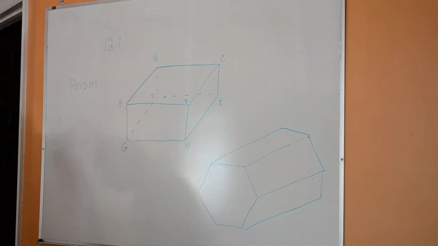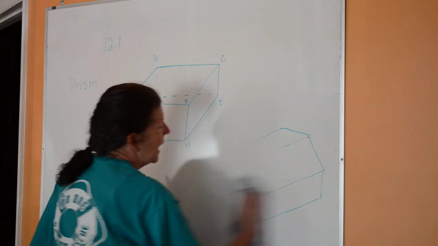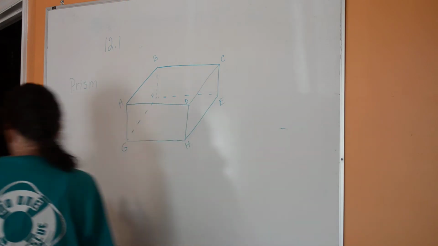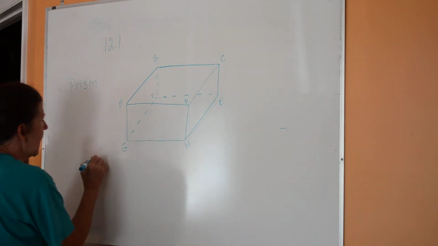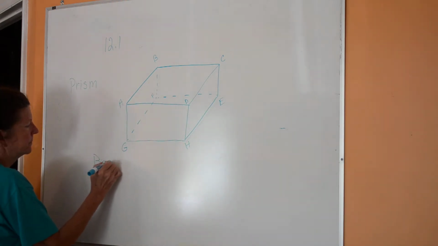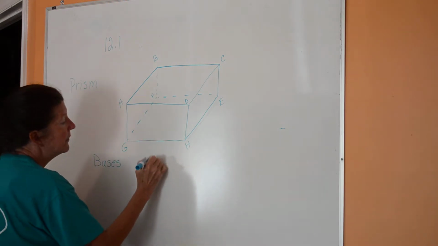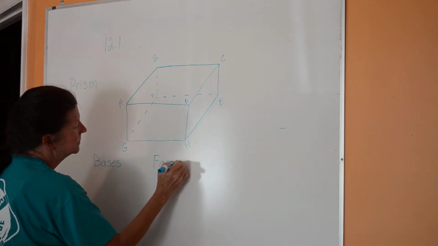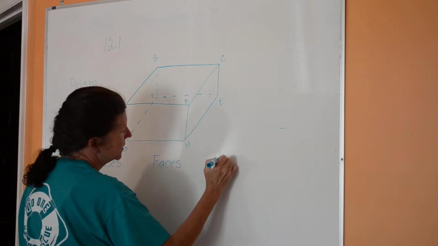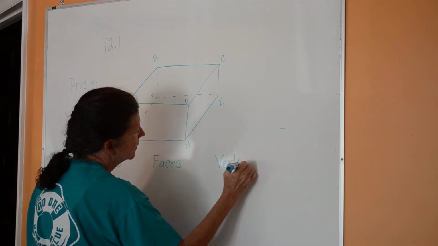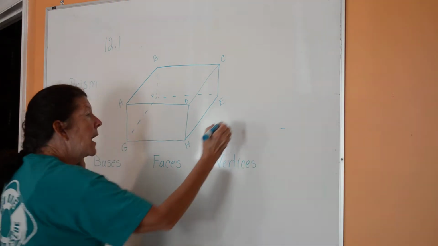So these shapes, especially the pyramids, have different parts to them. So you have bases, you have faces, you have vertices, and you have edges.